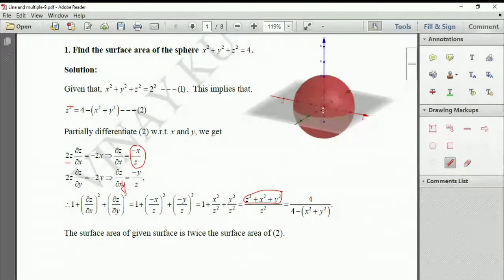Here I am pulling this one onto the xy plane. That's why I'm making the z coordinate 0. So I have to remove the variable z. I should not keep the variable z. That's the reason I'm substituting z from these equations. So your x square plus y square plus z square is 4, divided by z square, which is this.